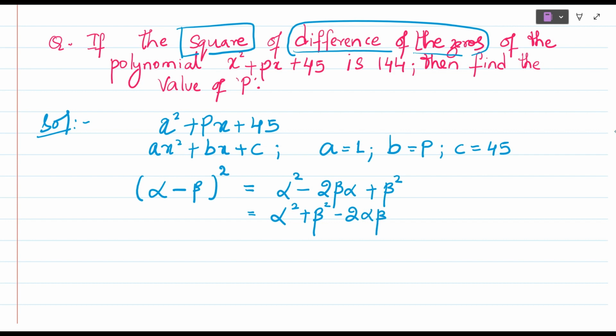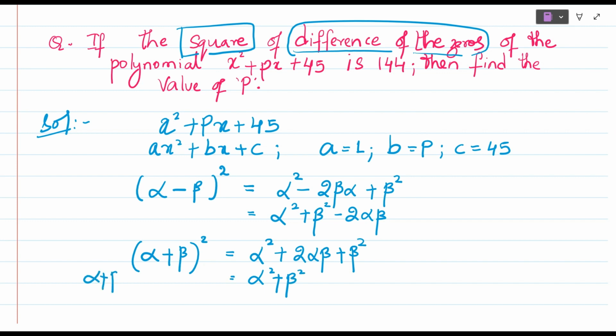So alpha square plus beta square, how will you get it, students? If you take another identity, alpha plus beta whole square, its formula is alpha square plus 2 alpha beta plus beta square. So the value of alpha square plus beta square will be equal to alpha plus beta whole square minus 2 alpha beta.